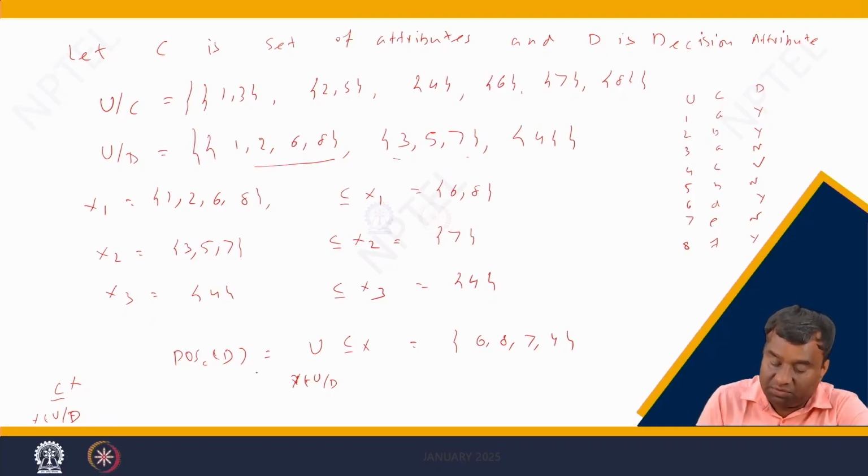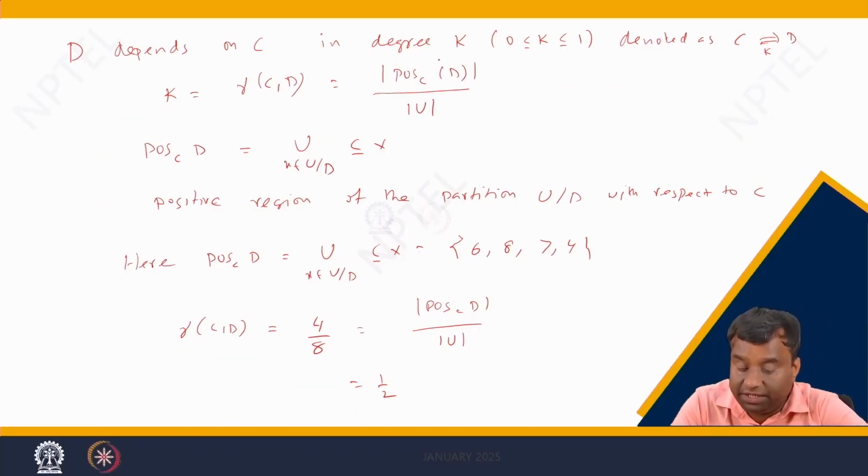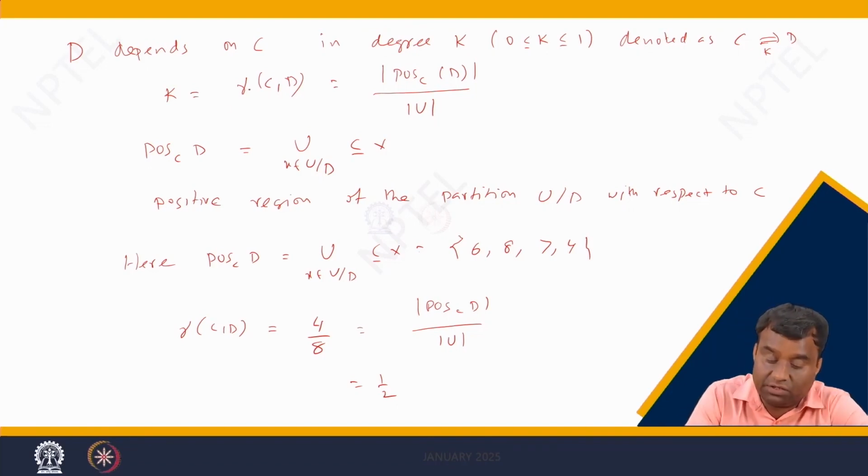So now the positive region POS(C,D) is the union of all the lower approximations of x belonging to U/D. So find the union of all these, and you will get 6, 8, 7, 4. So D depends on C in degree k, where k belongs to 0 to 1, denoted as C implies D in degree k, where k equals gamma(C,D), equal to the cardinal number of the positive region of C with respect to D divided by the total number of objects.